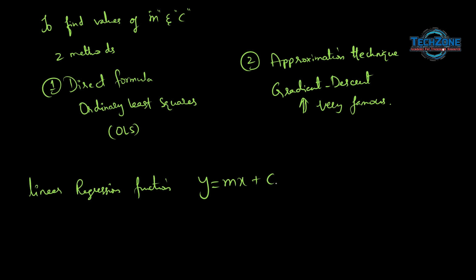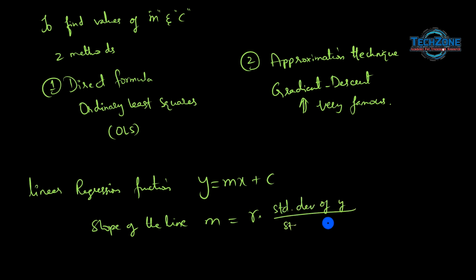Now what is the slope of the straight line? That is m. How should we find the slope of a straight line? It is given by r multiplied by standard deviation of y divided by standard deviation of x.